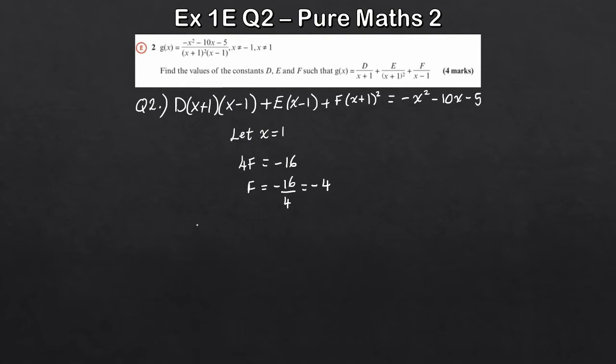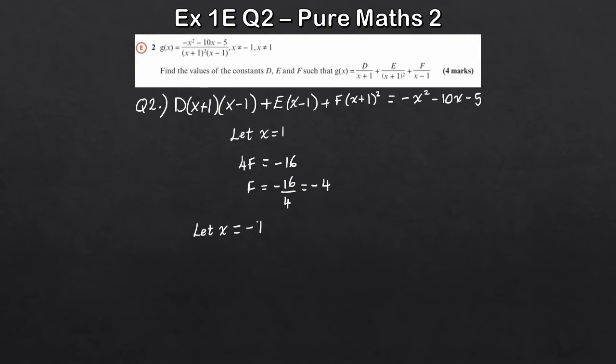Again, let's eliminate one more time. So with these questions, the issue is you can only eliminate twice. The third constant we find in a different method. So if we just figure out the second constant first. So for example, if I say x is minus 1, then we're solving for e. So if x is minus 1, plus 1 will give us 0. Same over here, that would be 0. So we eliminate d, we eliminate f, we can solve for e now.